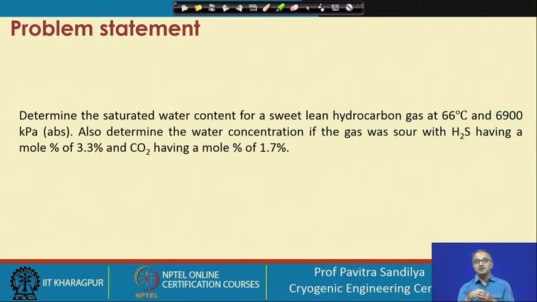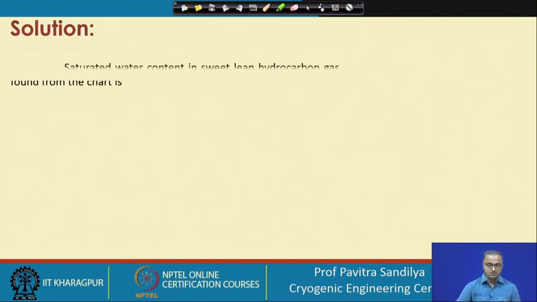And in our lecture we learned that the presence of carbon dioxide and H2S generally decreases this water content. Now let us look at the given situations. We shall be using the graphs which I showed in the lecture.